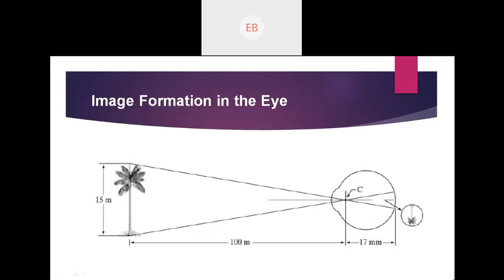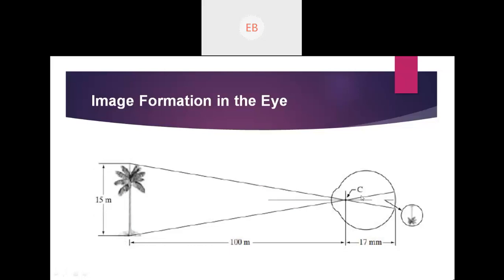The shape of the lens is controlled by tensions in the fibers of the ciliary body, which we discussed. This is the human eye, and this is some object situated at a distance of, say, 100 meters.